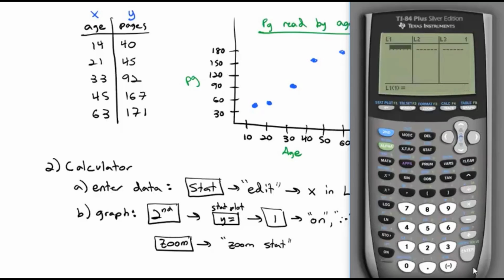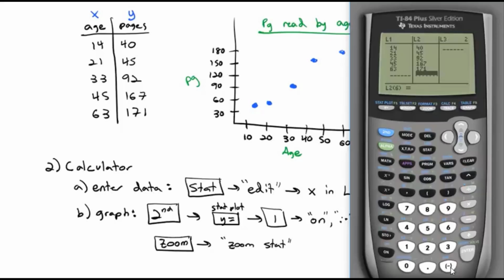Clear Enter. And then I'll put in L1 my x's. My x's were 14, 21, 33, 45, and 63. And then in L2, I'll put my y's: 40, 45, 92, 167, and 171.